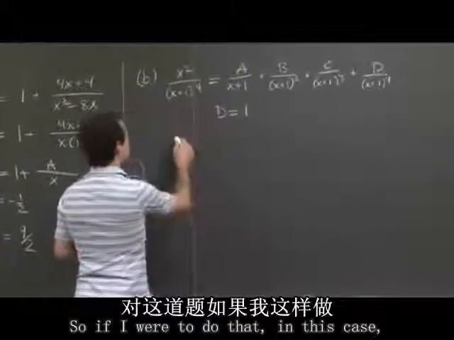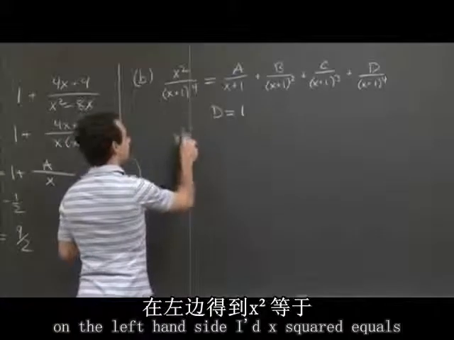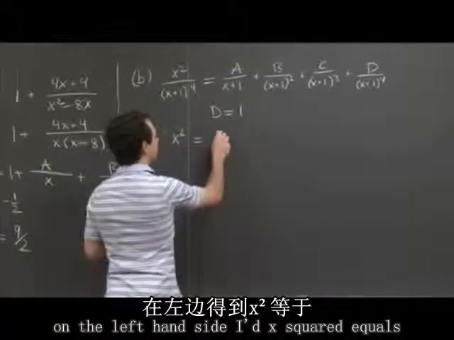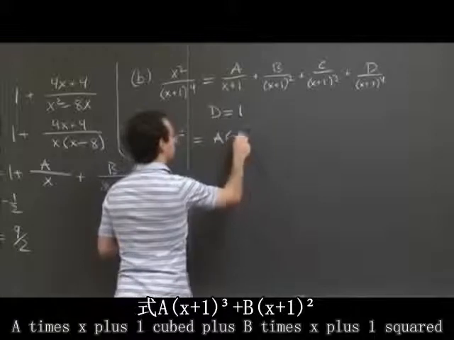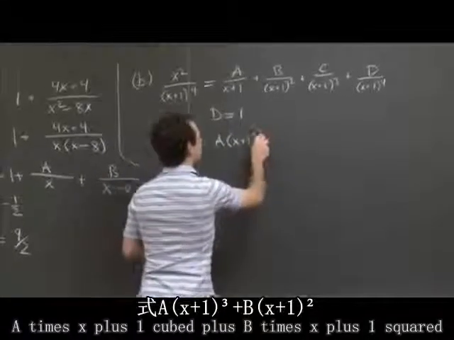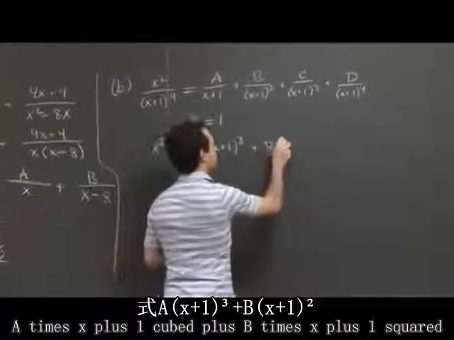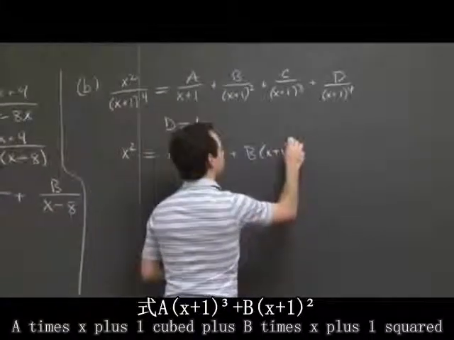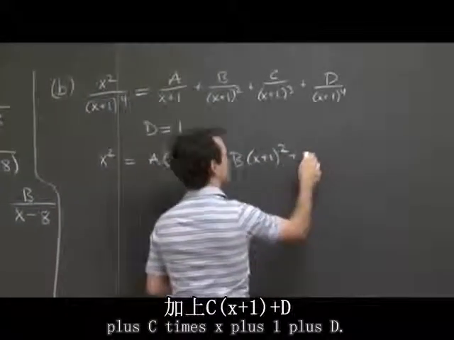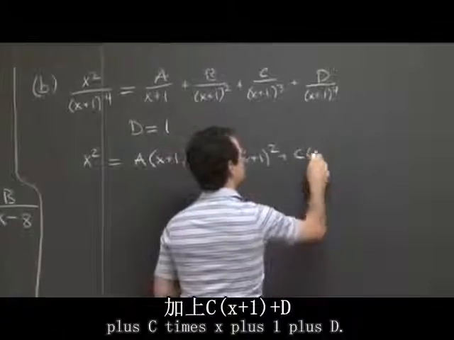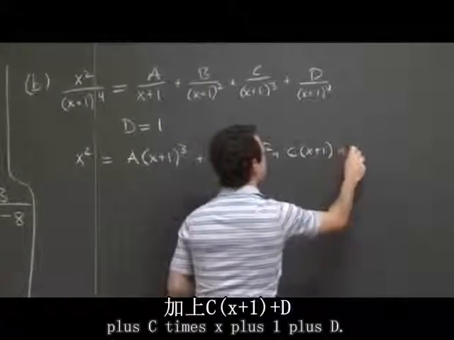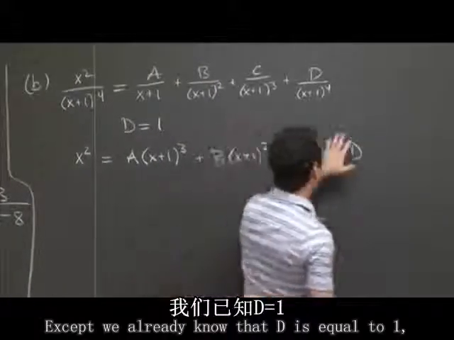So if I were to do that in this case, on the left-hand side, I'd get x squared equals a times (x plus 1) cubed plus b times (x plus 1) squared plus c times (x plus 1) plus d, except we already know that d is equal to 1.